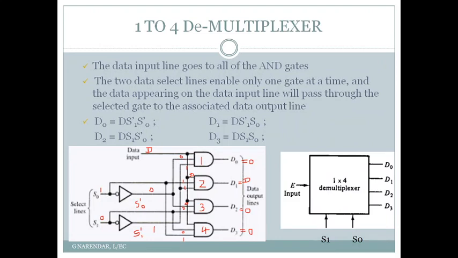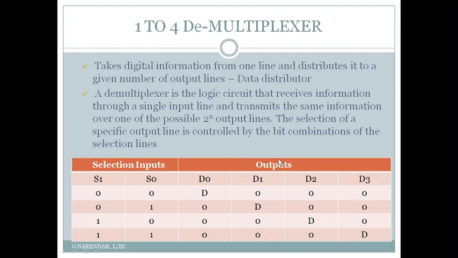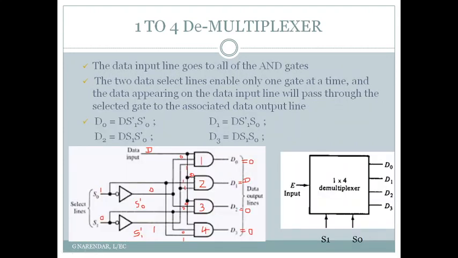After that, we have drawn the combinational logic circuit by using the basic logic gates. To draw this, we had obtained the Boolean expressions for the outputs of the demultiplexer, for D0, D1, D2 and D3.